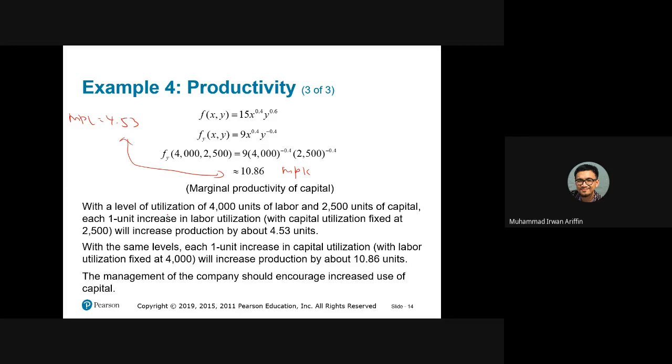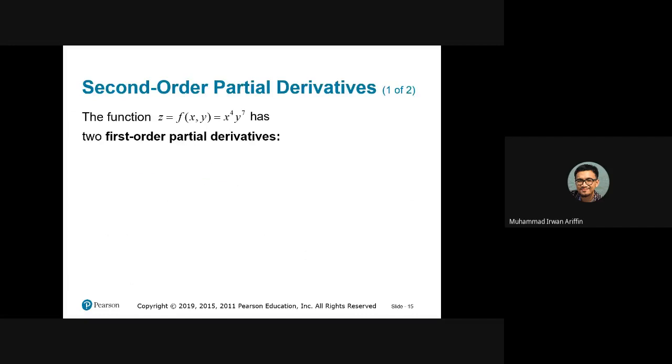In this case, the management of the company should encourage the increased usage of capital. We should have more capital because it would give more increase in productivity, more output.